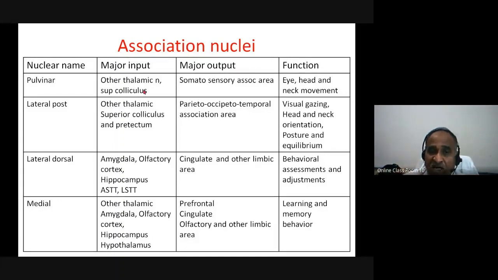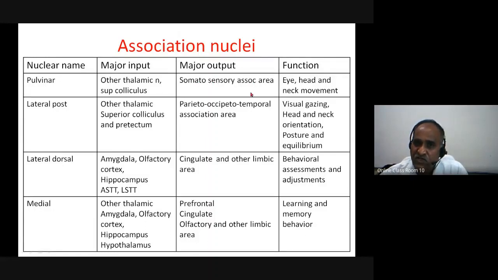Suppose there is a sound emerging, I will move myself to the direction at which the sound has originated, where the superior colliculus plays an important role. So the pulvinar is connected to the other thalamic nuclei, the ventroposterior lateral and others, with the medial and lateral posterior nucleus, and then to the superior colliculus.